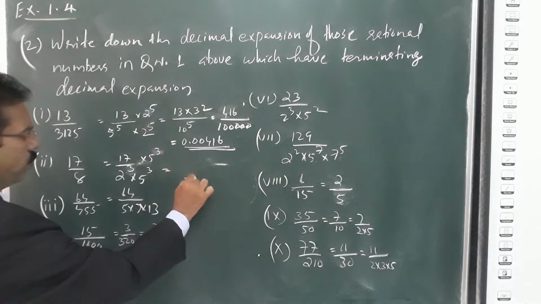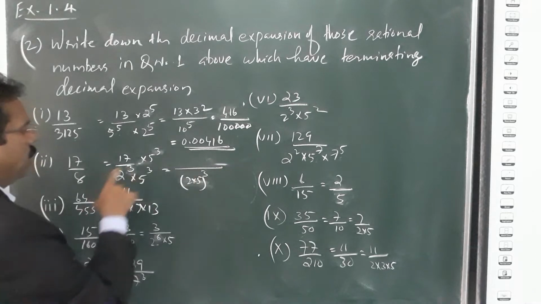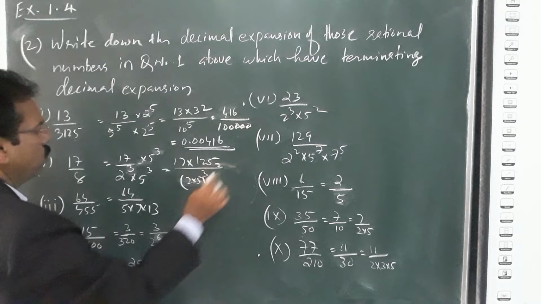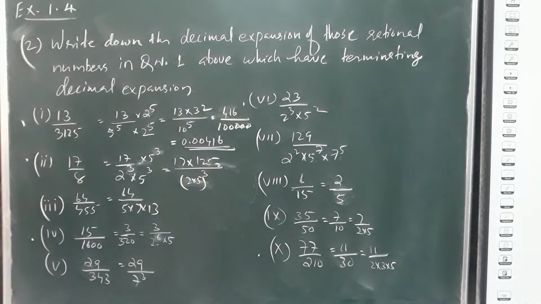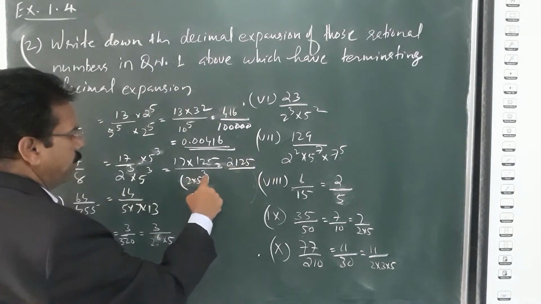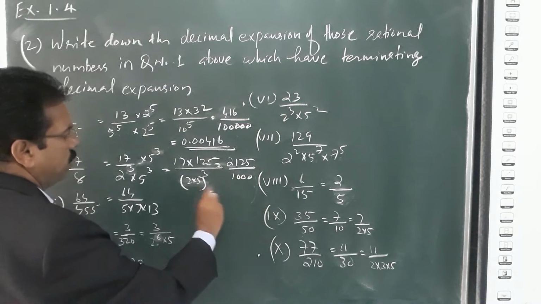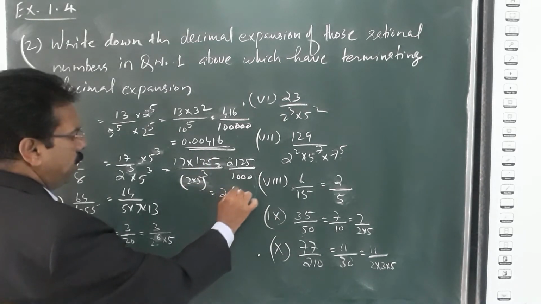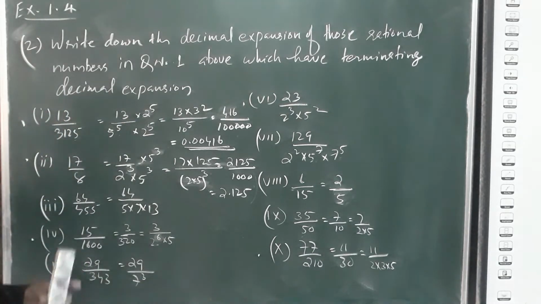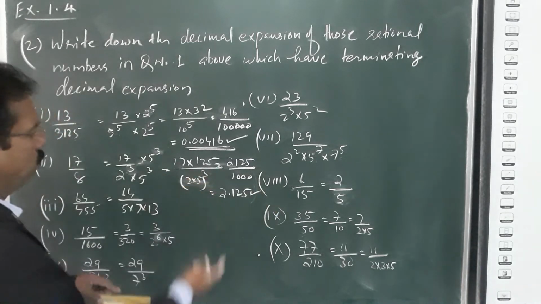Now 2 into 5, the whole raised to 3. 17 into 5 raised to 3 is 125, so 17 into 125 is 2125, divided by 10 cube, 1000. Now the answer is 2.125.